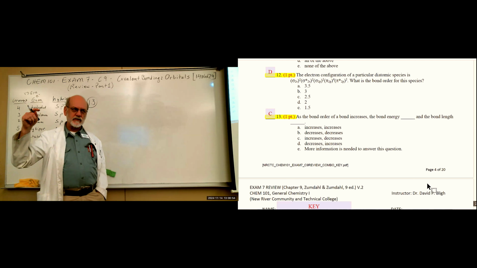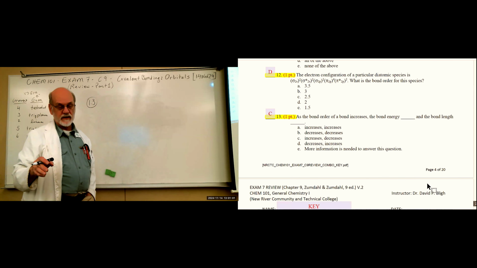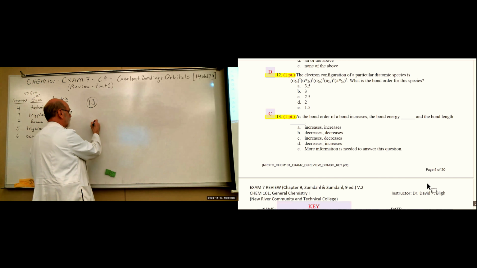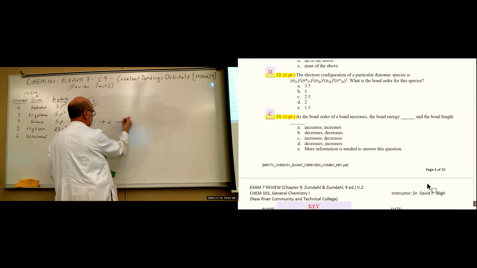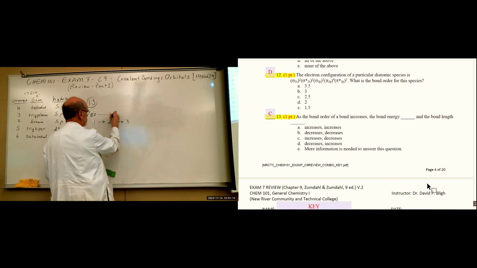How much energy do you have to put into the molecule to break the bond? So the bond energy increases as the bond order increases. If we go from bond order 1 to 2 to 3, then the bond energy also increases.